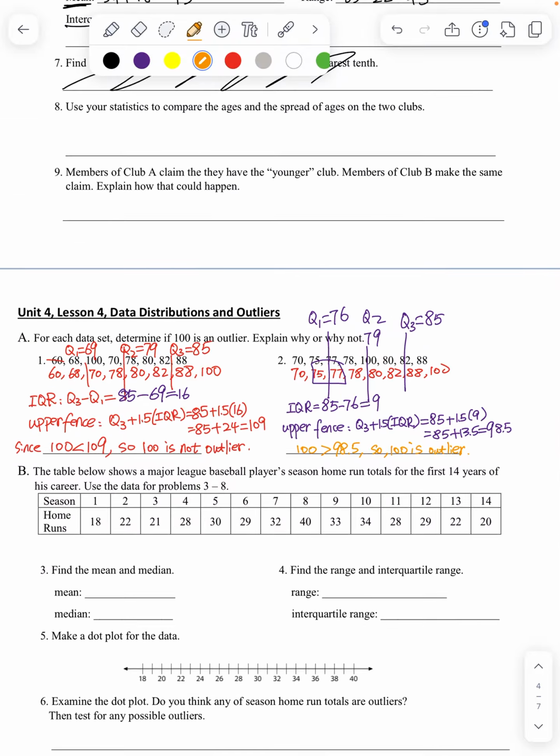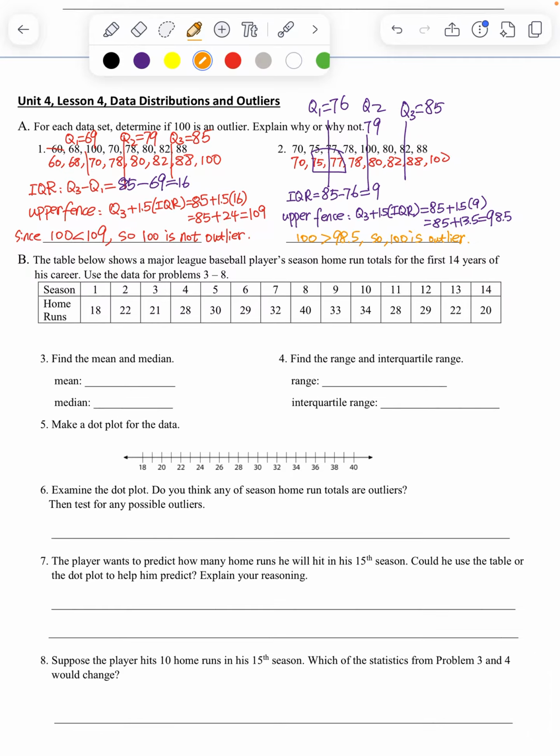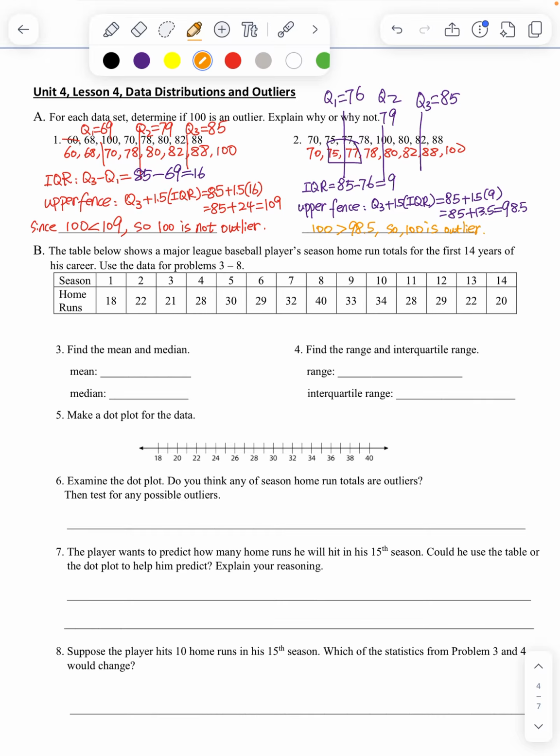Part B. The table below shows a Major League Baseball player's season home run total for the first 14 years of his career. Oh, he played baseball for 14 years already. Use data for problems 3 to 8. So number 3, find the mean and the median.